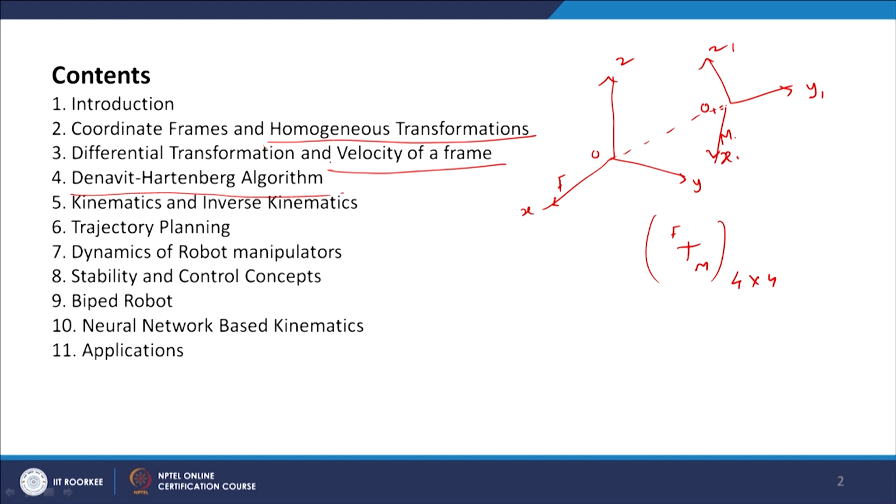This algorithm gives how coordinate frames can be fixed at each joint of a given robot manipulator, and then the kinematics and inverse kinematics, trajectory planning, dynamics of robot manipulators, stability and control concepts and biped robots. This will be described during the course of the lectures.